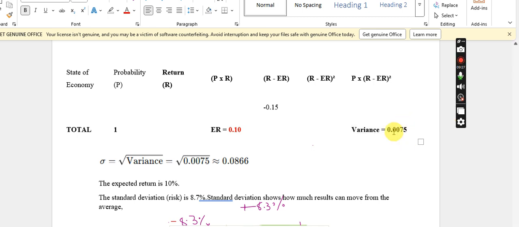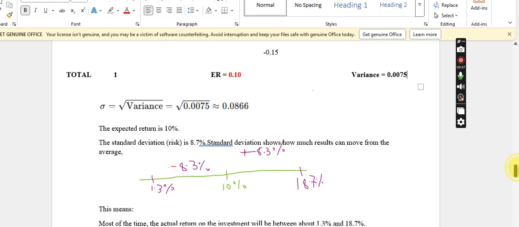So our standard deviation is the square root of the variance. The square root of 0.0075, we get 0.0866.